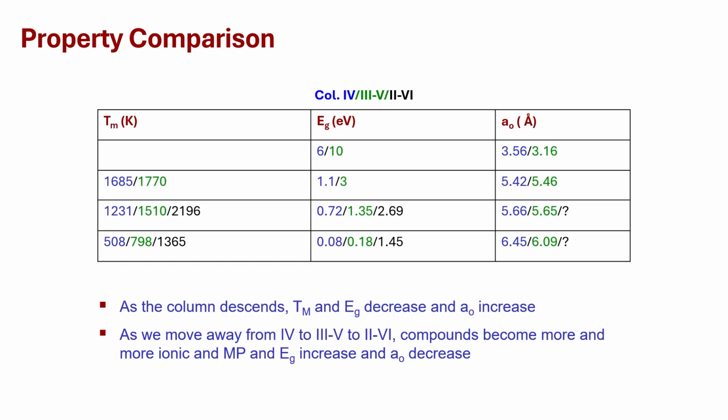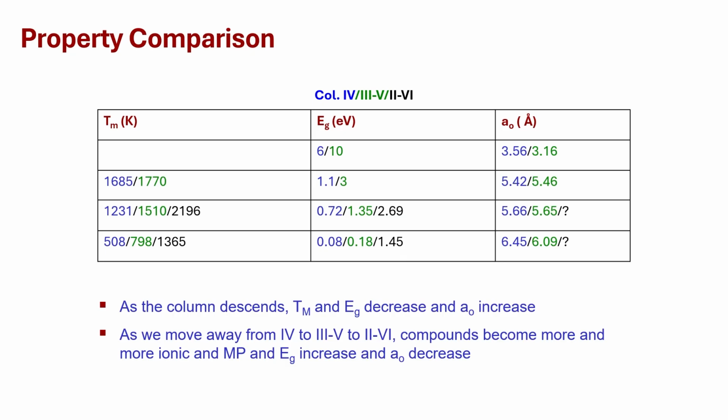Now let us look at this particular lecture, and if you compare the properties of different semiconductors, as we saw, semiconductors are not necessarily group 4 semiconductors, but they can also be combinations of group 3 and group 5, and it could also be a combination of group 2 and group 6.